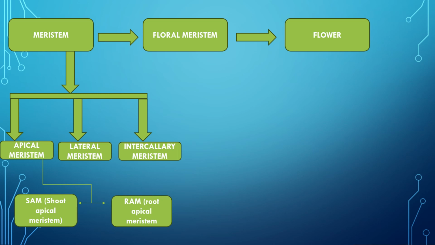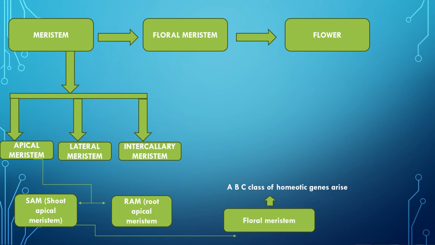SAM is the shoot apical meristem and RAM is the root apical meristem. Once again, the shoot apical meristem gives rise to the floral meristem. The floral meristem gives rise to the ABC class of homeotic genes.